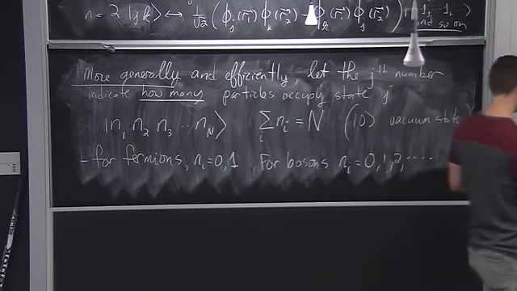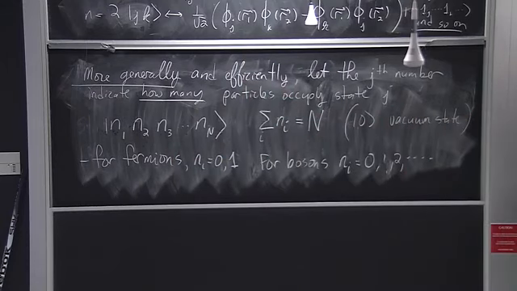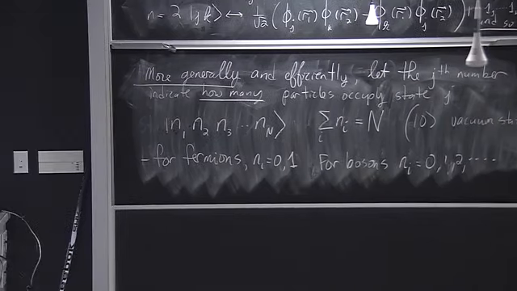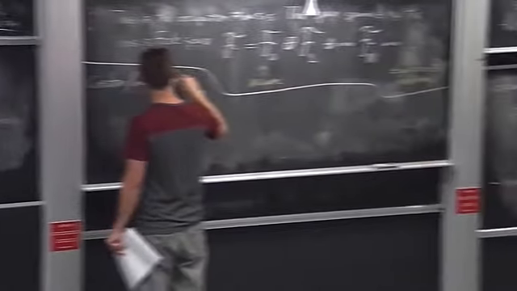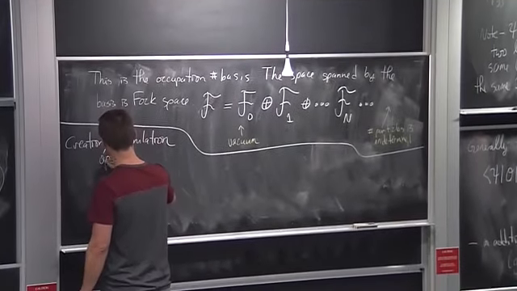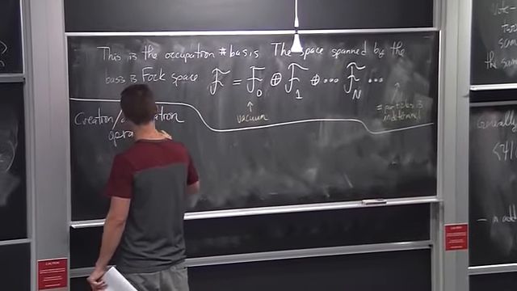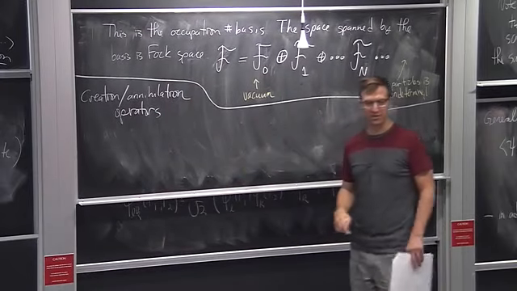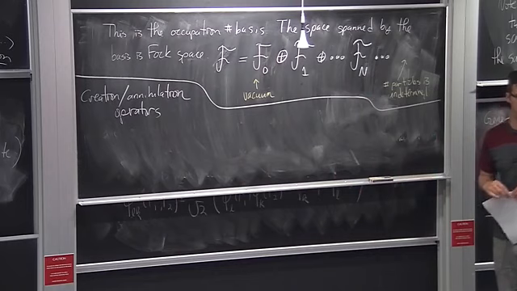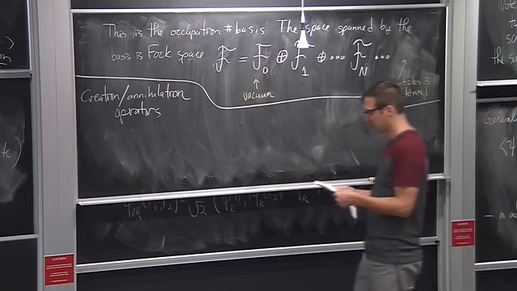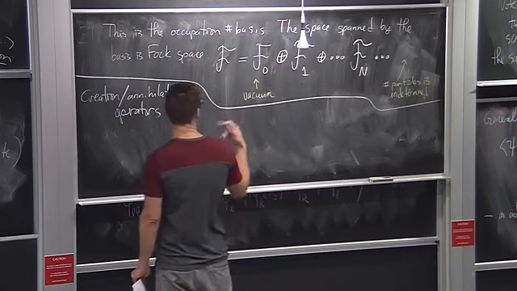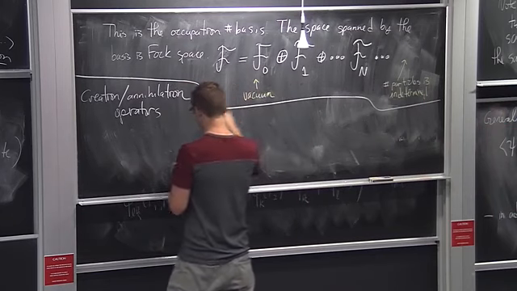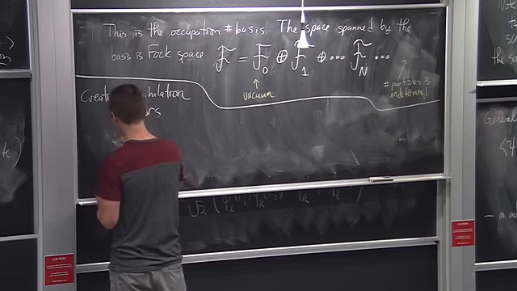And that's done with creation and annihilation operators. I want you to think of the simple harmonic oscillator when we talk about creation and annihilation operators. So we're going to introduce a set of operators in this occupation number basis.